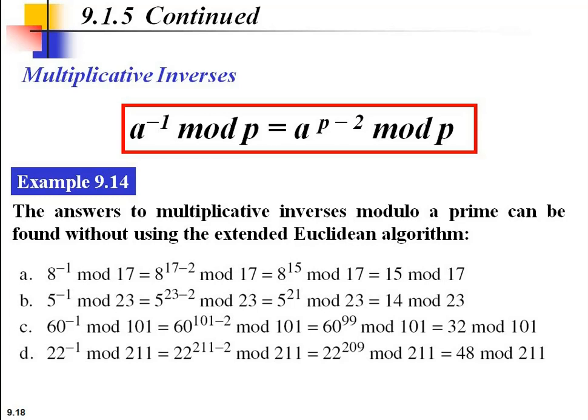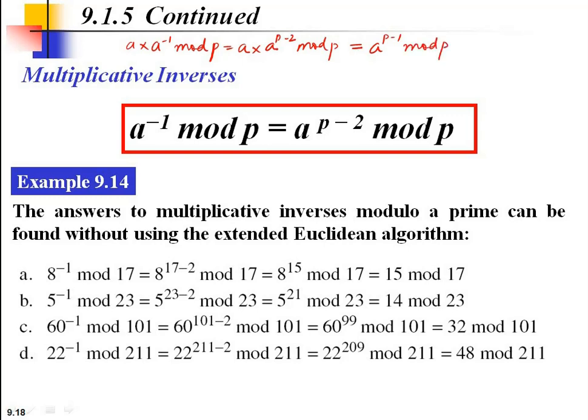In order to prove this, we multiply a on both sides of the first version of Fermat's theorem. So this will become a times a to the power p minus 2 mod p, and this will become a to the power p minus 1 mod p.